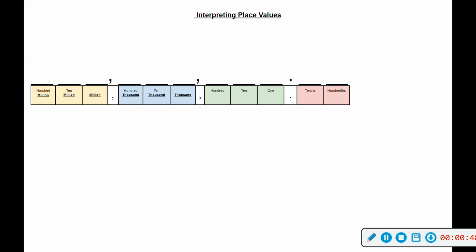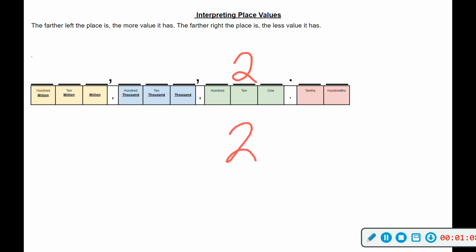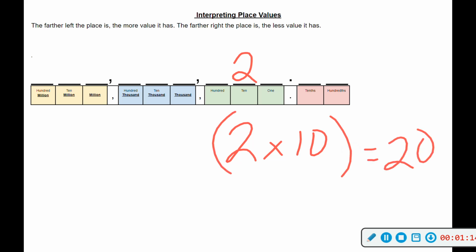Interpreting these place values means that each value holds a different amount depending on the place that it is in. The farther left the place is, the more value it has. For example, if I have a 2 in the tens place, that means it is worth a total of 20.